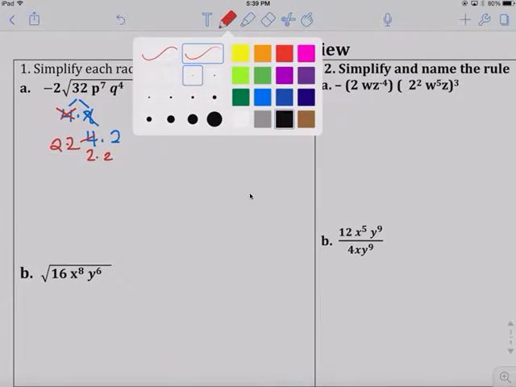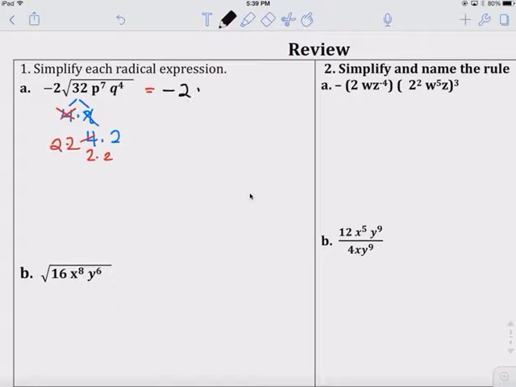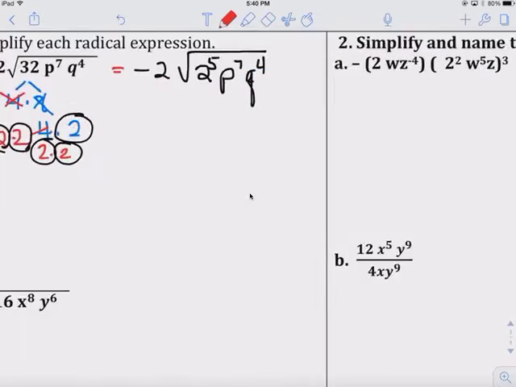You got -2, the square root of 2 to the 5th power, because all the 2's here, 1, 2, 3, 4, 5, 2 to the 5th power, and you have p to the 7th, q to the 4th. Remember you divide by 2, just like any exponent.